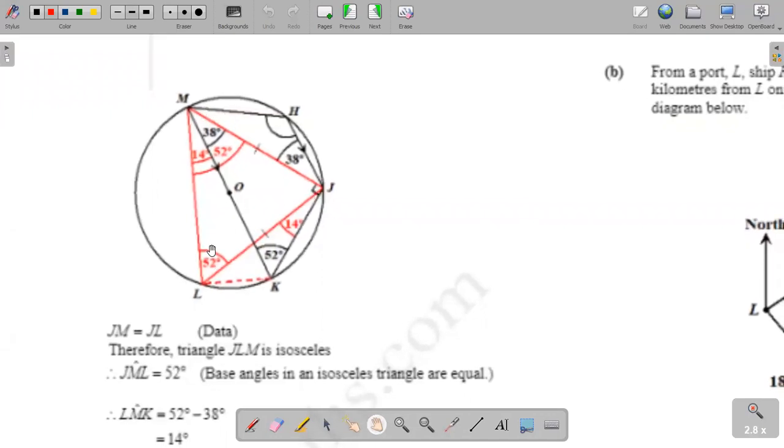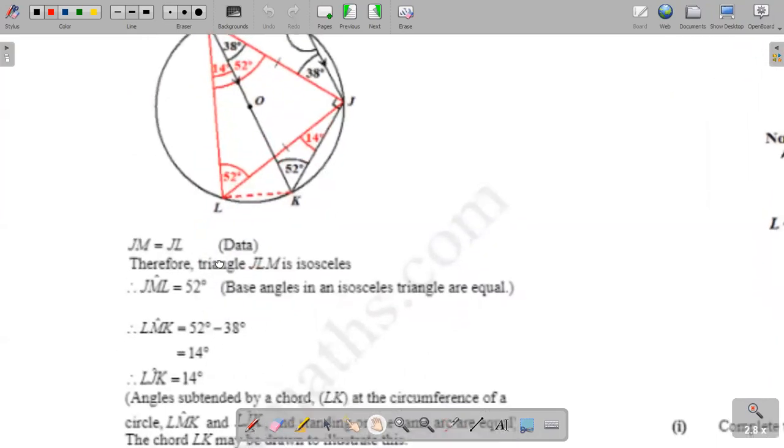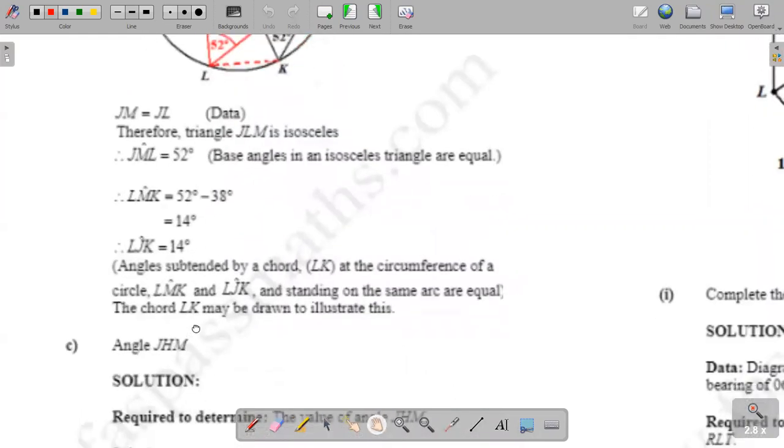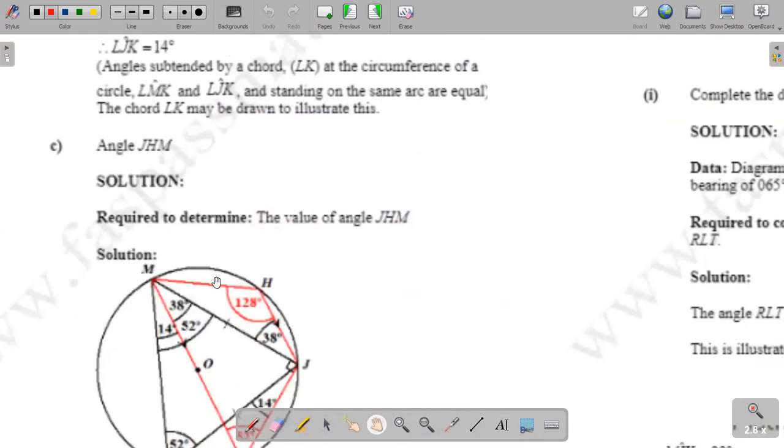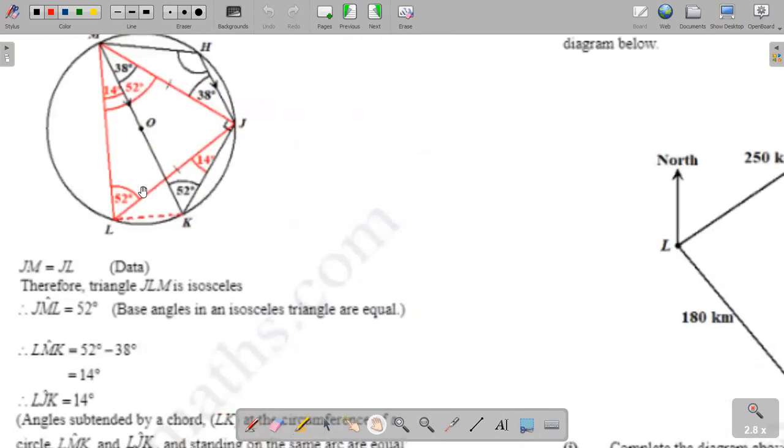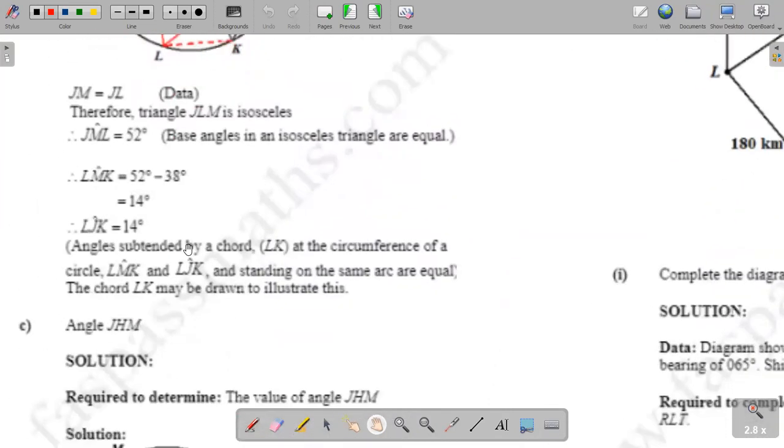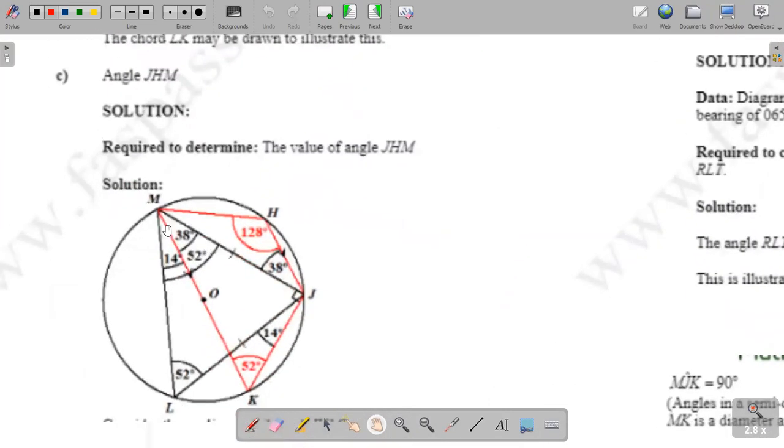Remember we spoke about the isosceles before? I don't know what the question for this part is. I'm going to look for it after so we can understand it better. So we're going to skip that one for now because I can't really go through it if I don't understand what it asks us to find. So let's just do C for now.